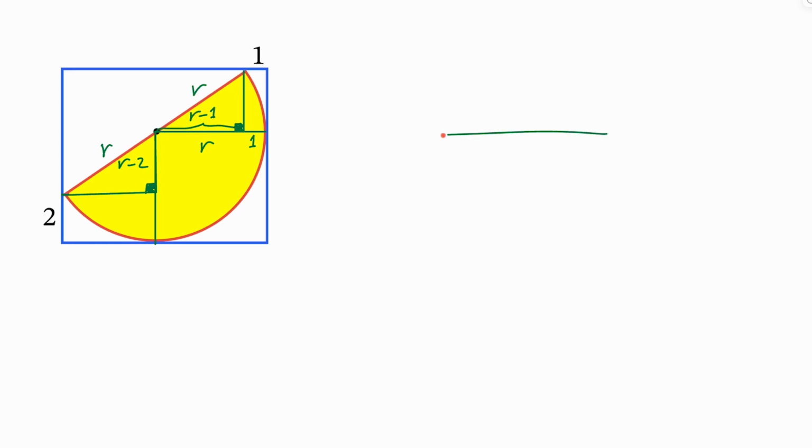Then we know that when we have parallel lines and a transversal crosses them, all acute angles are equal. So we have a transversal to parallel lines. If this angle is alpha, then this angle also will be alpha. If this angle is beta, this angle is also beta.